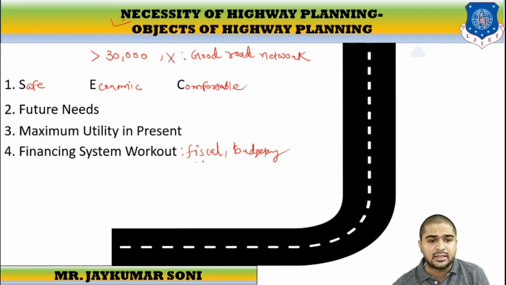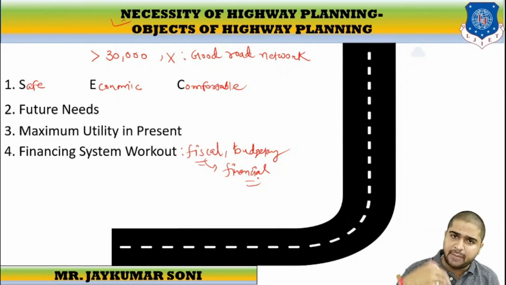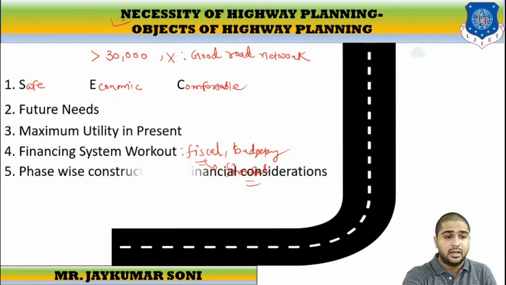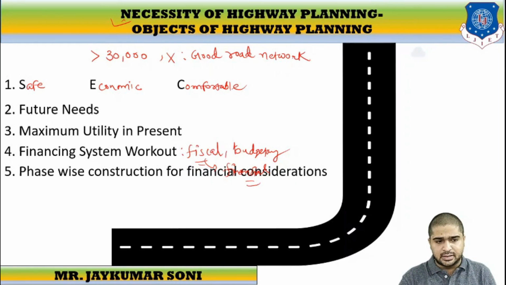Now the meaning of fiscal is financial. Whenever a team is planning highway development, they need to consider the financial budget, financial considerations. And last but not least, the financial considerations should be divided into various phases, so it should be accurately planned. So ultimately the financial system should be worked out.